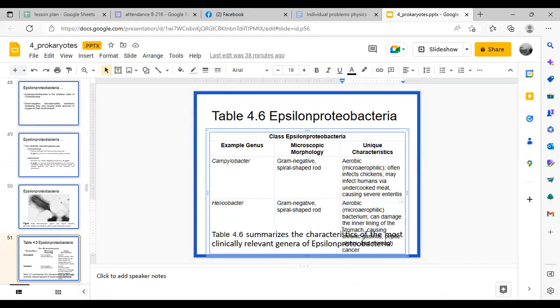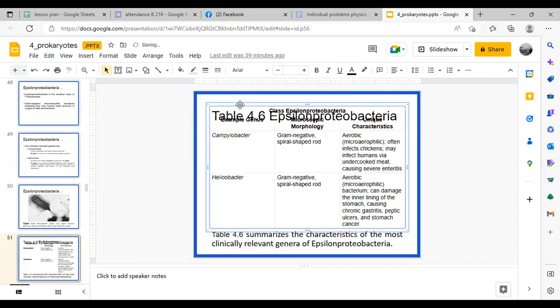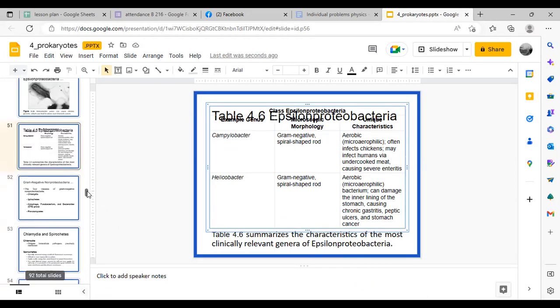Bakit sinama tong caption? Okay, peptic ulcers and stomach cancers. Let's move on.